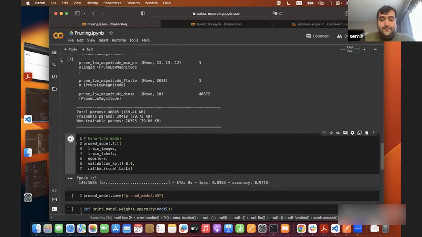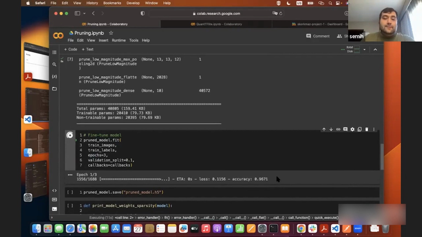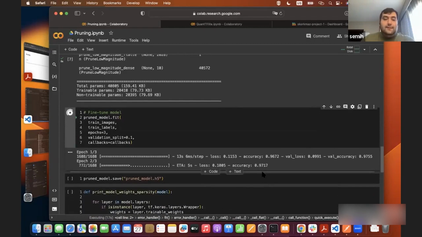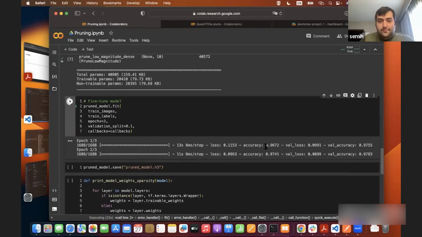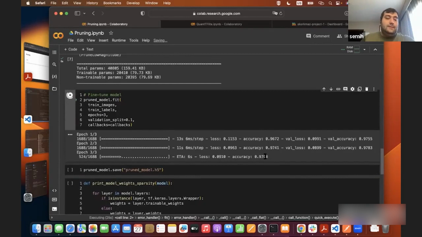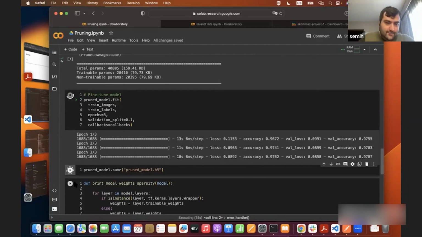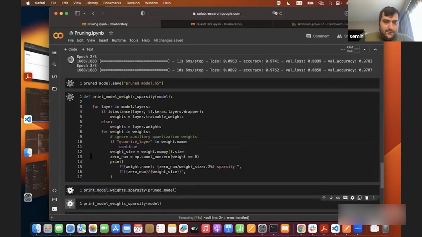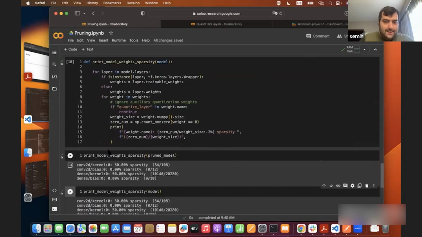So now it is retraining the pruned model, and you see, well, we just lost a little bit of accuracy, at least initially, even on this validation split, but not too much actually. In fact, it's even increasing further. So the pruned model is almost competitive against the initial model. But let me also save this model, and let's see the sparsity of the models if I did not override anything.